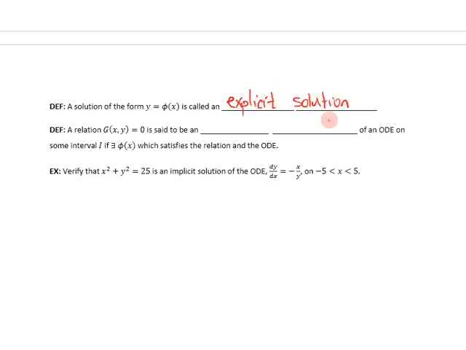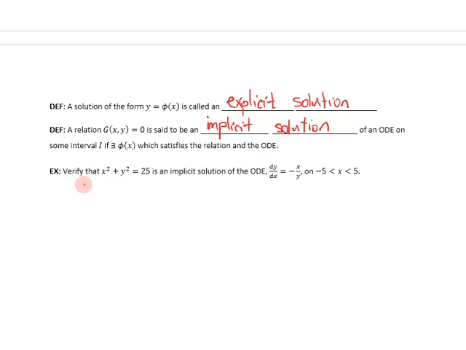On the other hand, it is possible that in some cases you will not be able to find an explicit form for the solution, but you may be given that the solution is in what's called an implicit solution, or that it is basically something that is not solved or cannot be solved for y. Okay, so implicit means that on some interval phi of x would satisfy the ODE. What I mean by that is, look at this example right here.